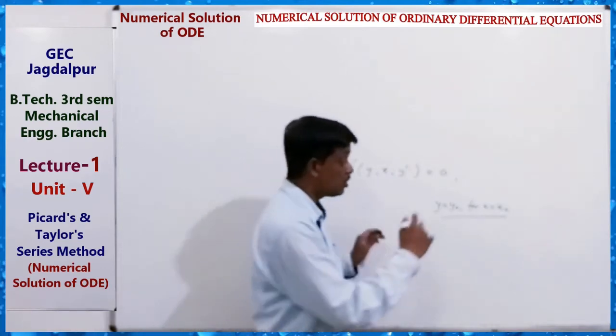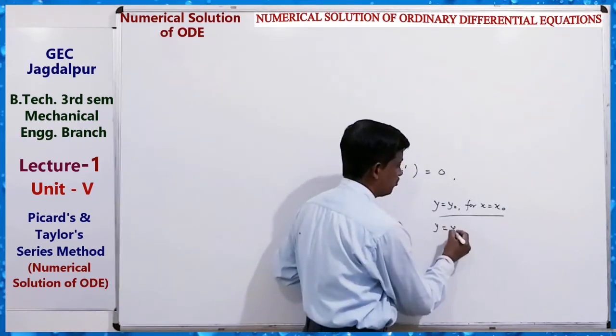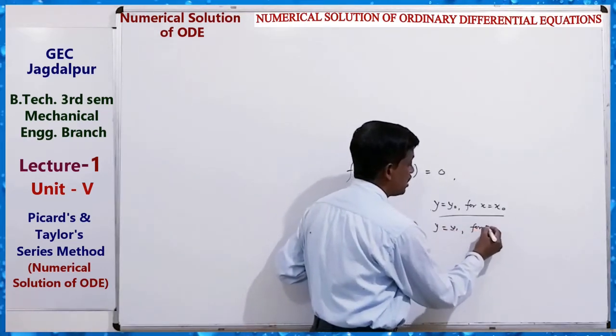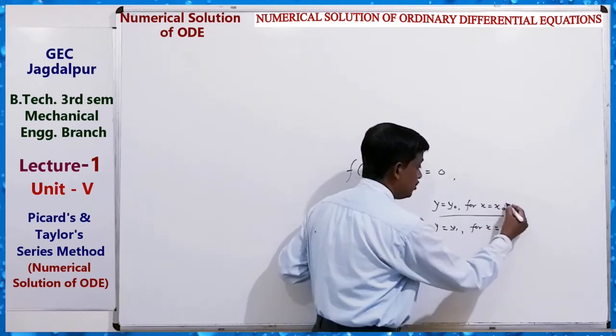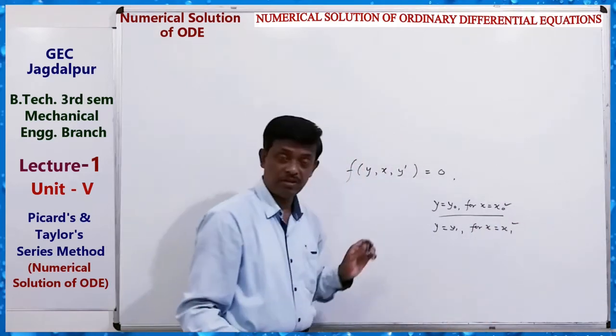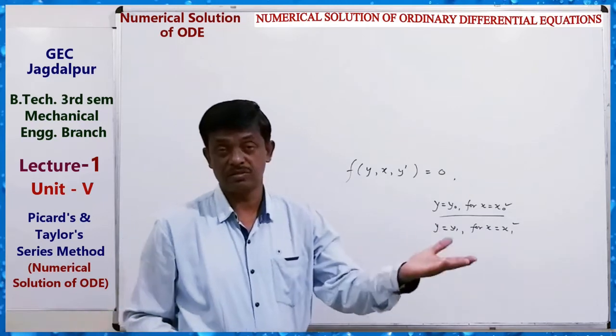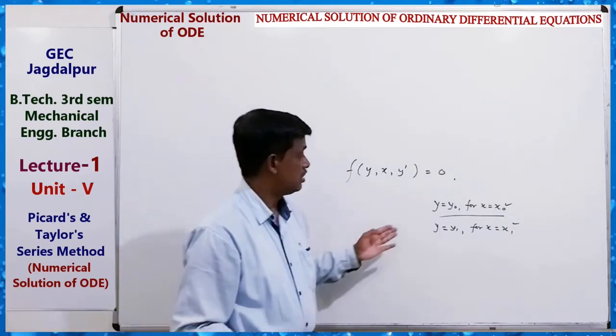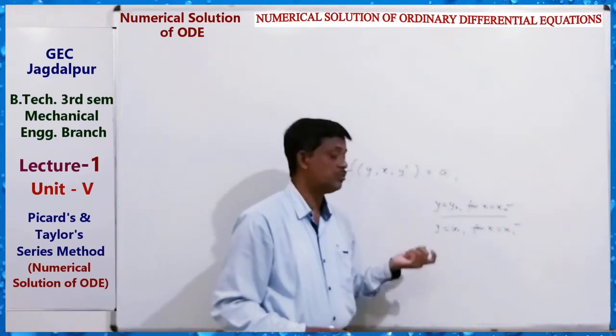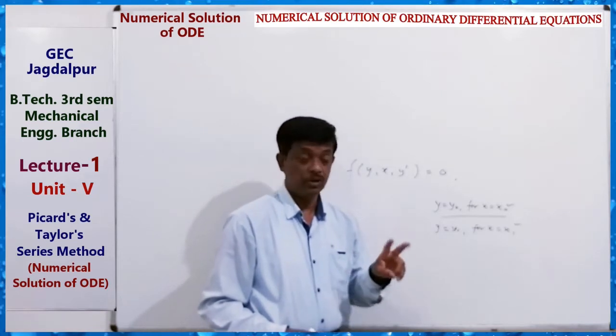If there are two conditions, suppose y equals to y0 for x equals to x0 and y equals to y1 for x equals to x1, for two values x0 and x1 we get different values of y, y0 and y1.